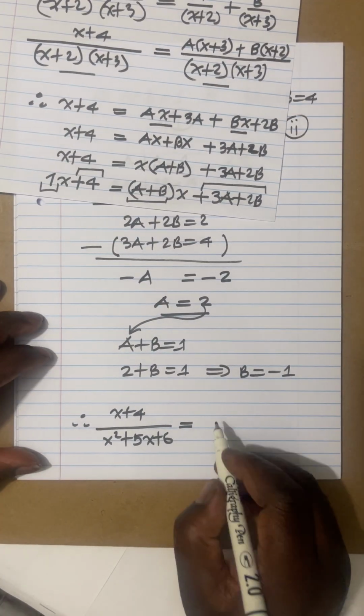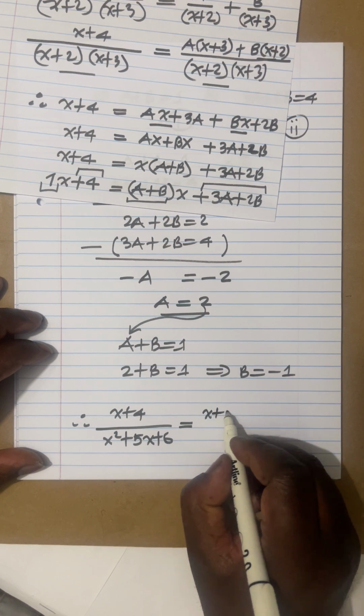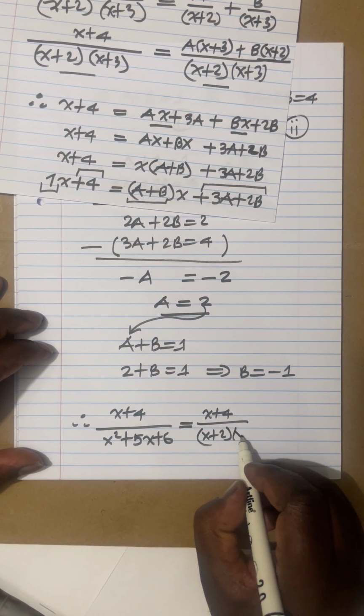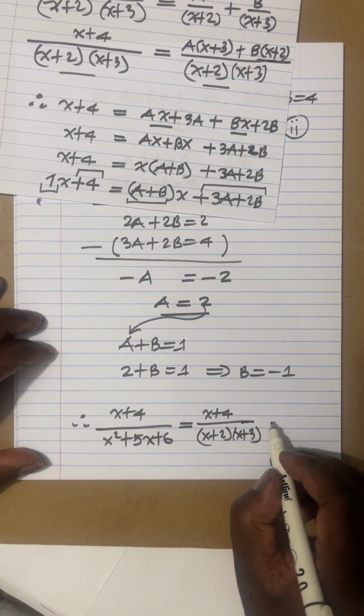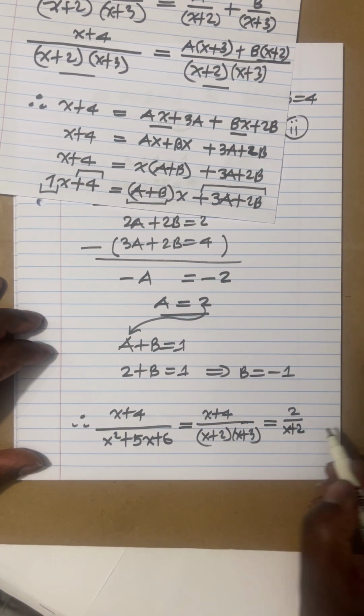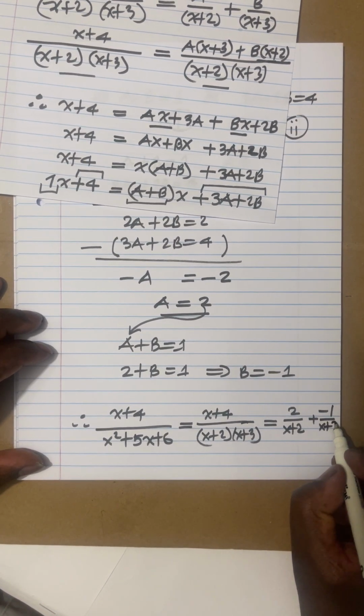So we're going to say this is the same as x plus 4 all over x plus 2 and then x plus 3, and this simplifies to 2 all over x plus 2, and then plus minus 1 all over x plus 3.